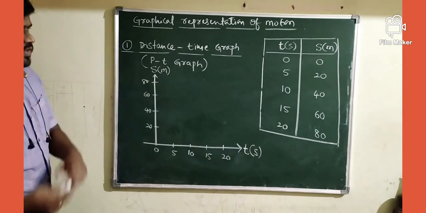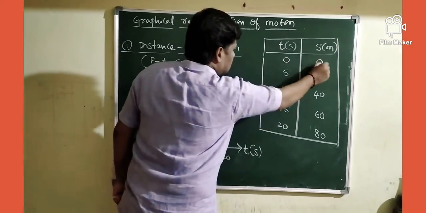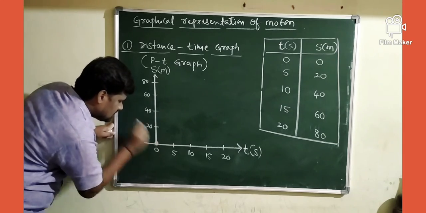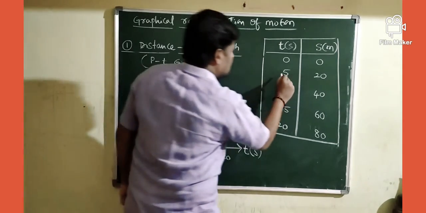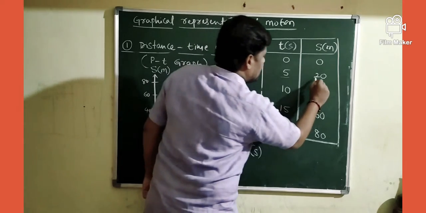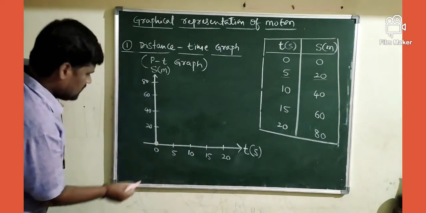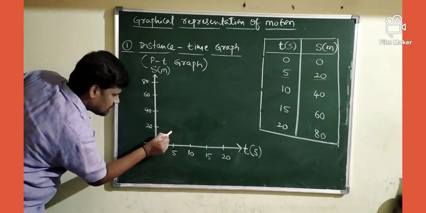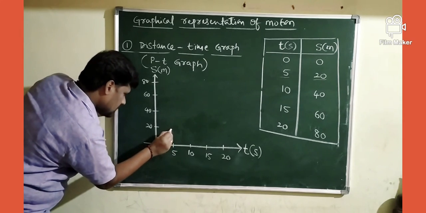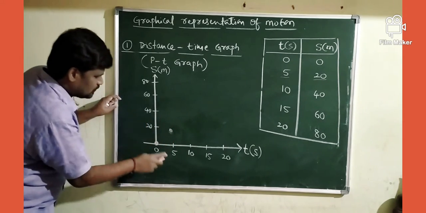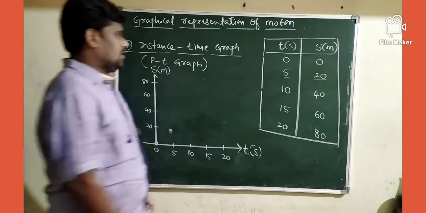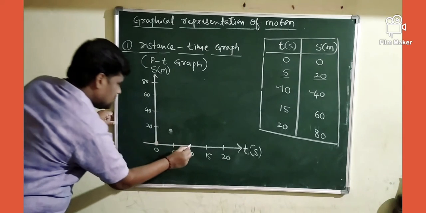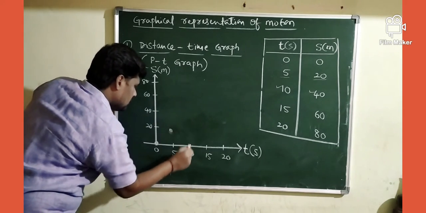What is the first reading here? When t is 0, s is also 0. The point lies here. When t is 5, s is 20. The point comes here. Then t is 10, s is 40.